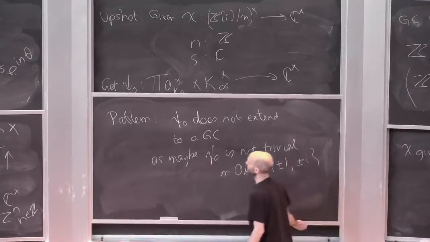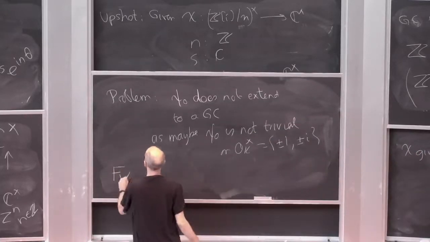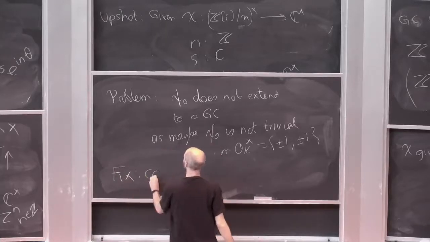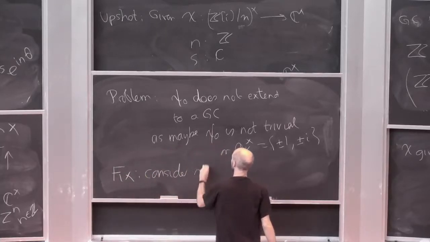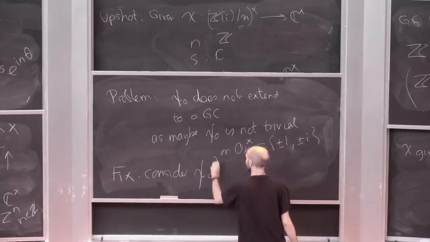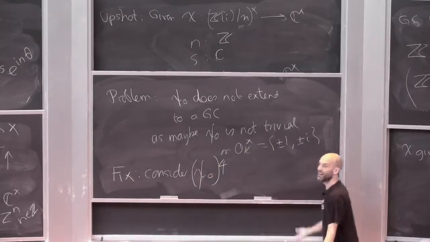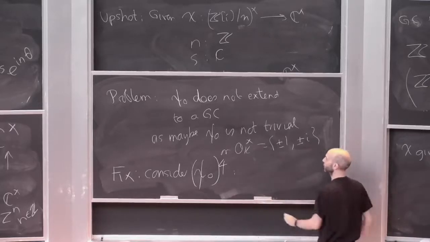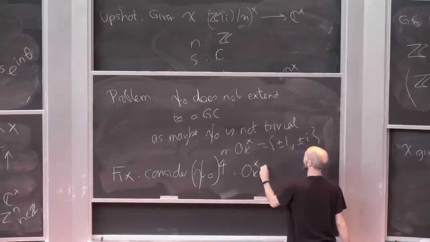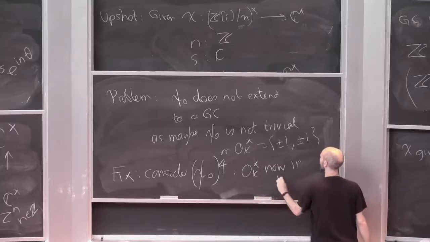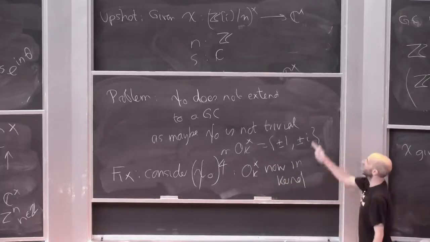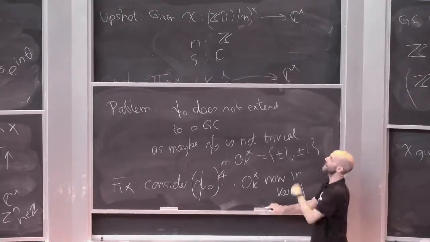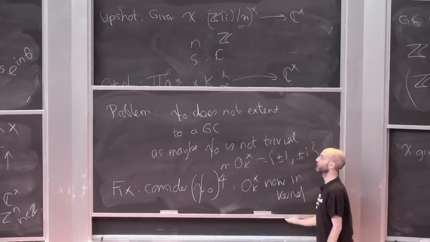So here's a fix. We've got this psi 0. Psi 0 is a group homomorphism, so let's just consider psi 0 to the power 4. Okay? That's going to kill it, right? These elements have all got order 4, right? So O_K star is now in the kernel. So you raise chi to the power 4, and you multiply n and s by 4, and all the problems have gone away, right?